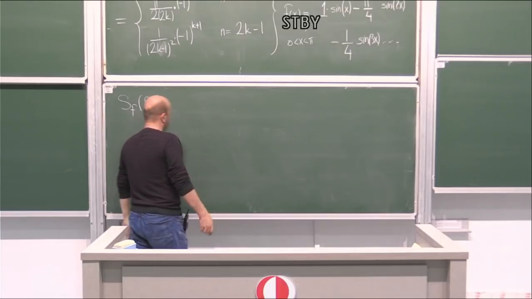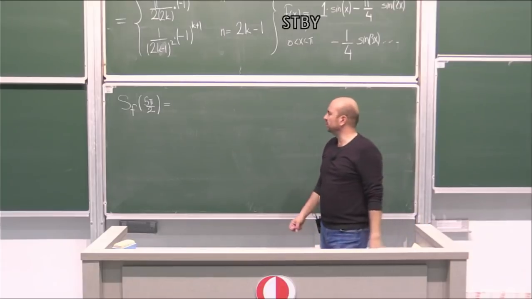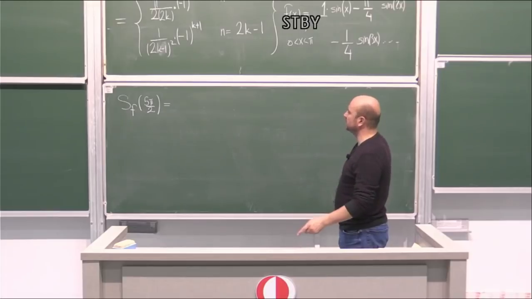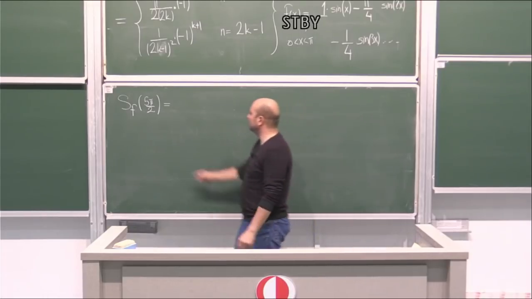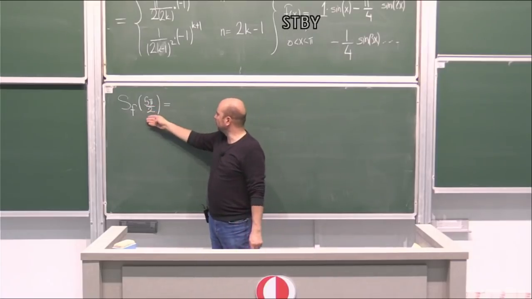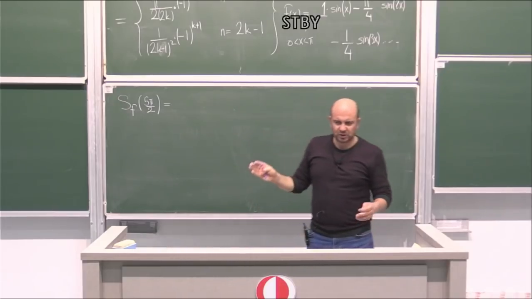Now if you look at 5 pi over 2, actually I erased the board, but we know what's happening between minus pi and pi. But this is not there. So this is bigger than pi, it's 2.5 pi. So now what we can do, we can just take it back.